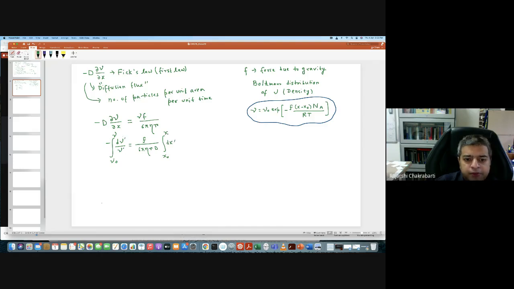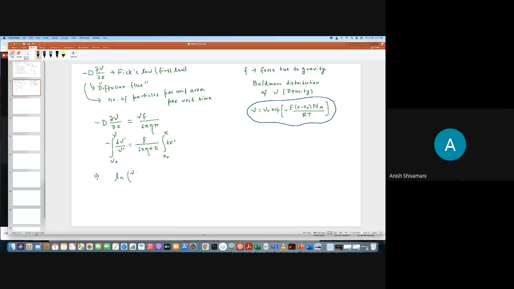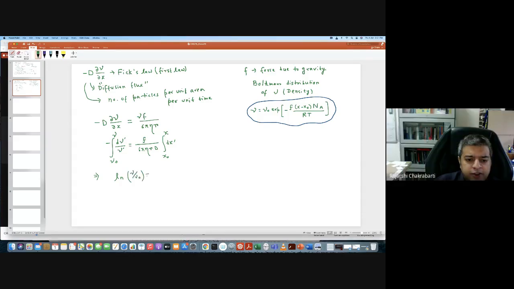So what is the answer? On the left hand side, I'm going to get ln nu by nu 0. If I take the minus on the other side, minus f, this also gives you this.